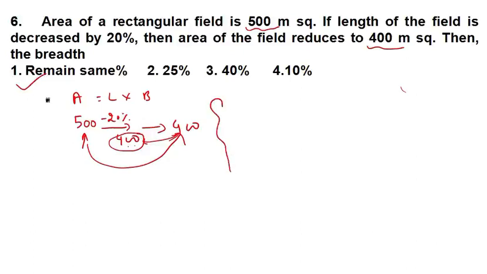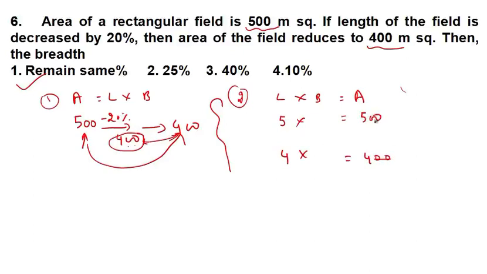So let's verify with the second method. Here you see length into breadth equals area. My length got reduced by 20%, means before it was 5, now it becomes 4. Here area is given, so we cannot write breadth as x or 1. My area was 500 before and it got reduced to 400.